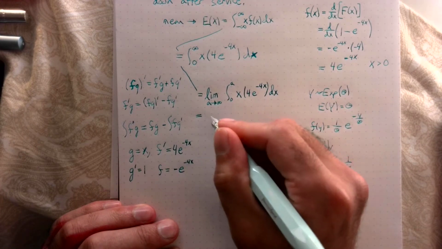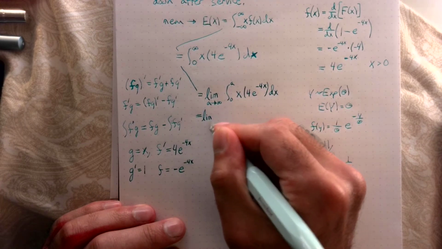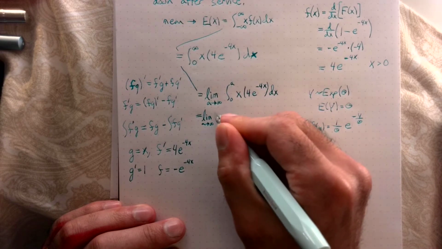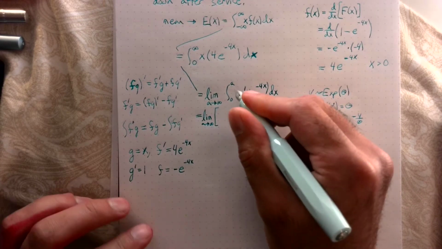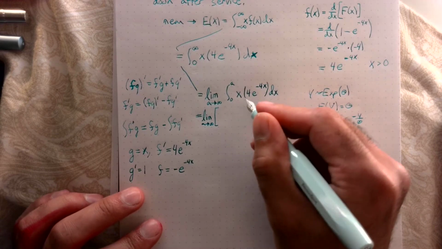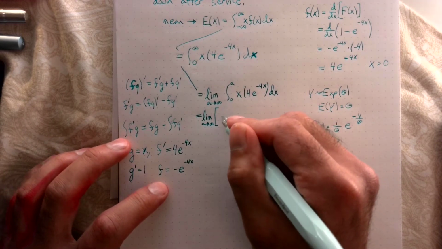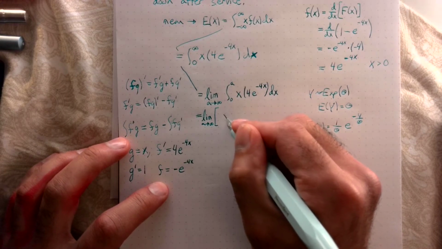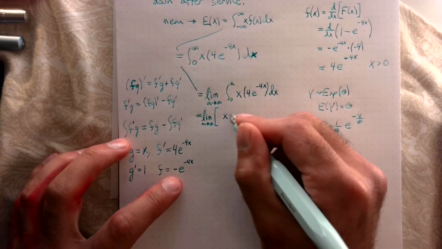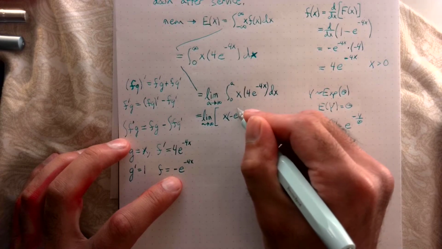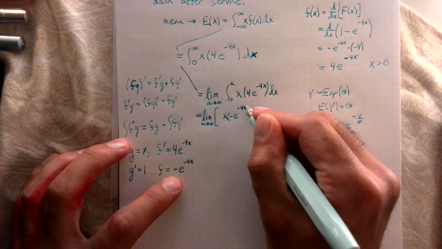So this is going to be equal to the limit as a goes to infinity. So now this is going to become what? It's going to become f times g. So this is x times minus e to the minus 4x.